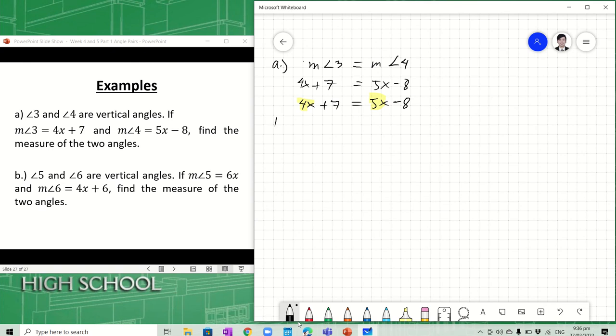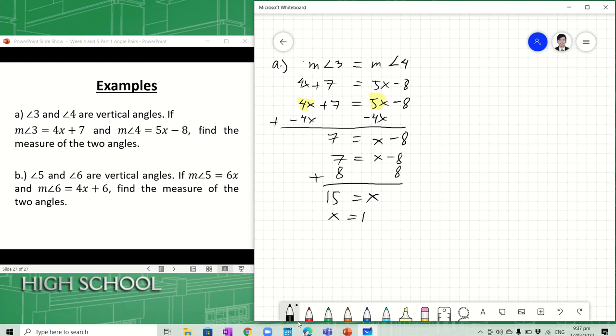Walang problema. So I'll have to add negative 4x in both sides. This will become 0. This one becomes 7. This one becomes x, then minus 8. And finally, I have to add 8 here. Whatever you do on the right, do on the left. So you get x, and 7 plus 8 is 15.